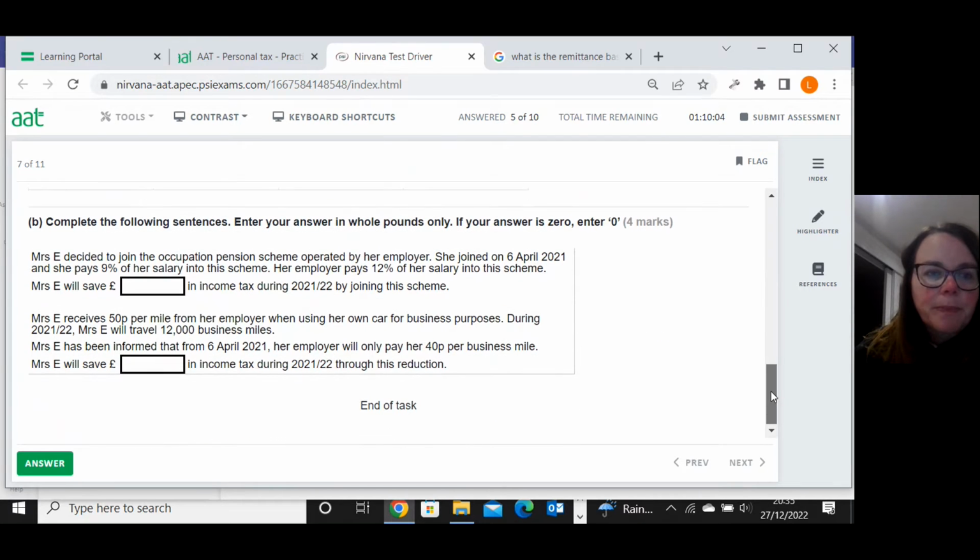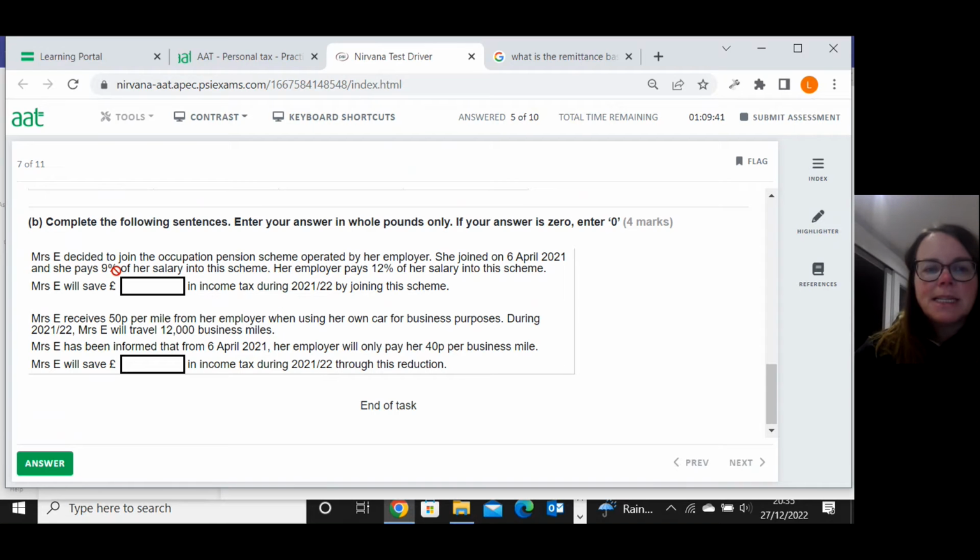Right, part B. Whole pounds into zero. Mrs. E decided to join the occupation pension scheme operated by her employer. She joined on the 6th of April 21, the start of the tax year, and she pays 9% of her salary into this scheme.